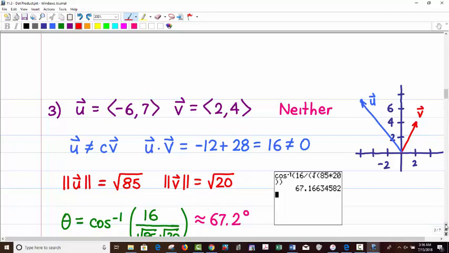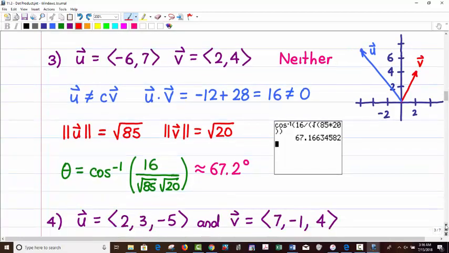So let's figure out what the angle is between those two. Magnitude of u is square root of 85. Magnitude of v is the square root of 20. And then the dot product was 16, which we need. So the angle theta will be cosine inverse of the 16, the dot product, over those two square roots multiplied together.